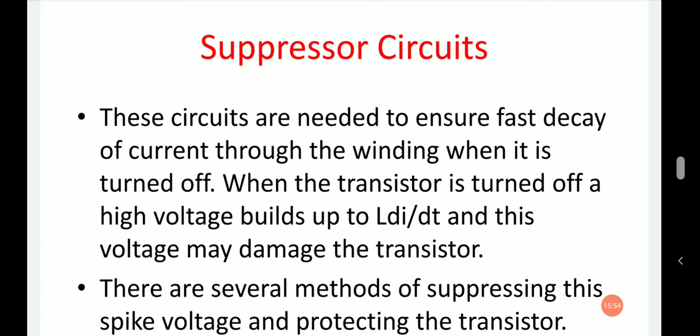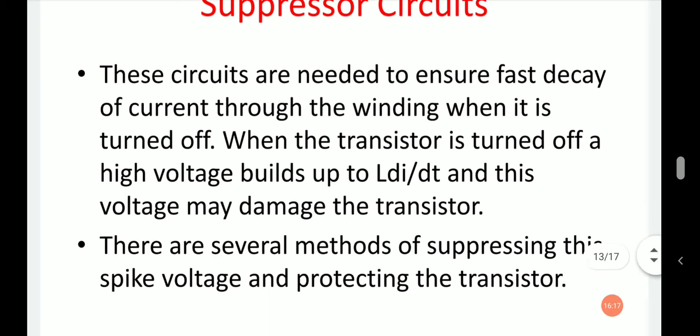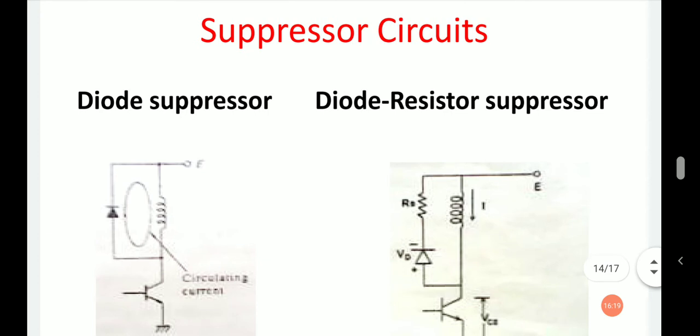When the transistor is turned off, a high voltage builds up, L di by dt, and this voltage may damage the transistor. So there are several methods of suppressing this spike voltage and protecting the transistor. We will see these methods.